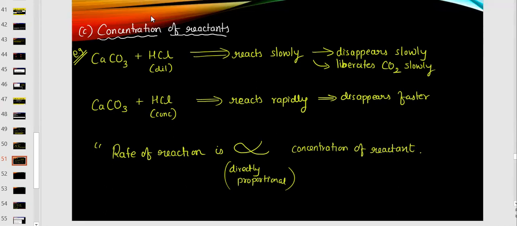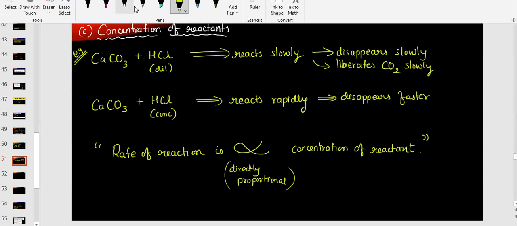That means the rate of reaction depends on the concentration of reactant. If it is dilute, then the reaction may be slower. If it is concentrated, the chemical reaction will be rapid. So that's why we say rate of reaction is directly proportional to concentration of reactant. This was the third point.